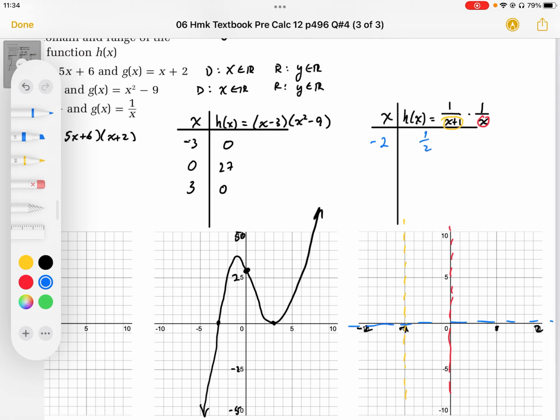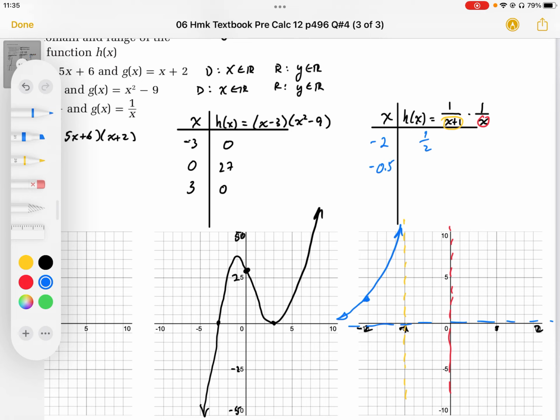So I get +1/2. So at -2, +1/2, maybe right about here. That tells me that this section of the graph is going to follow the asymptotes like this.